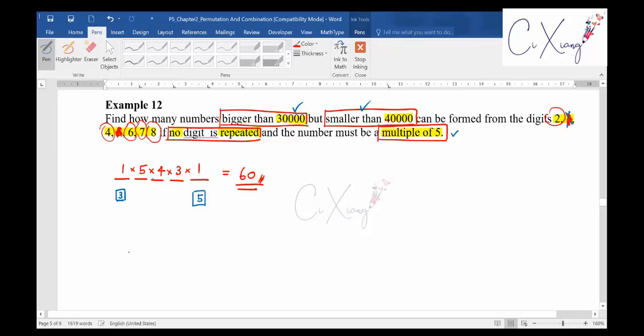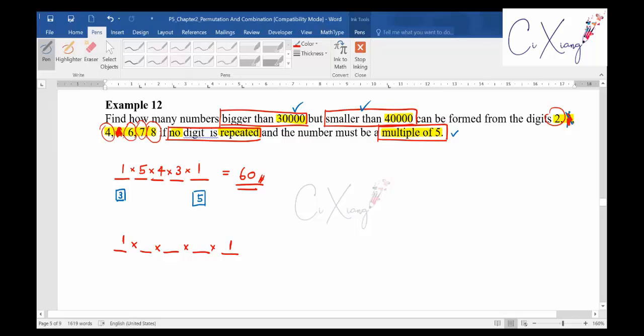Okay, but if you want to use whatever you learned just now about the P, also can. Alright, so I write it again here. So the first digit is still a 1 because you must put in the 3. And the last digit you must put in the 1 also because only 5 can be placed at the last digit here.